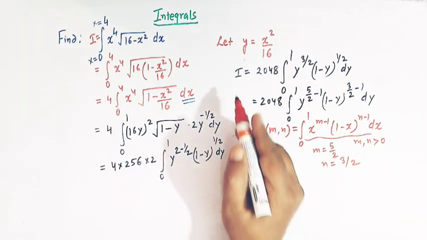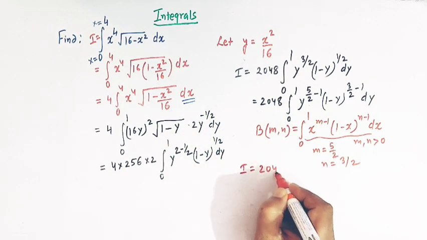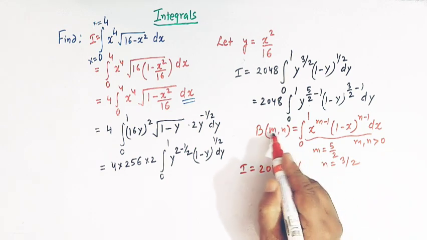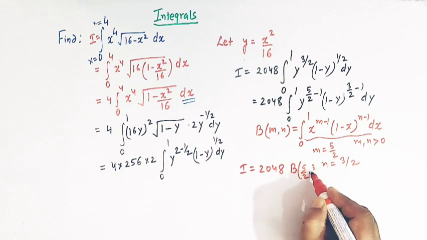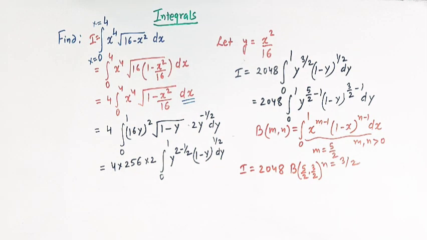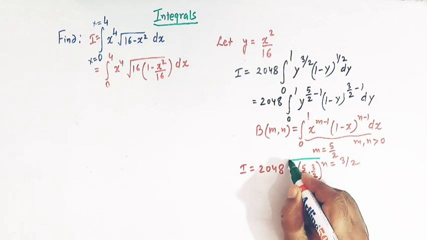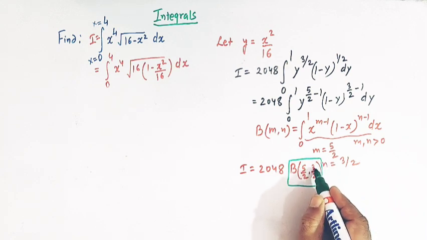So now this integral I can be written as 2048 times beta mn, where m is 5 by 2 and n is 3 by 2. Now we have to calculate the value of beta 5 by 2 comma 3 by 2.